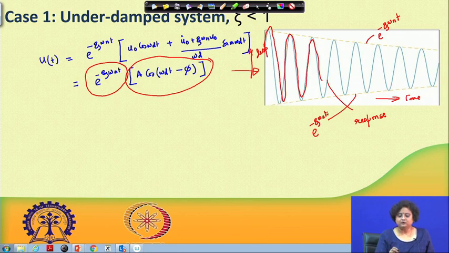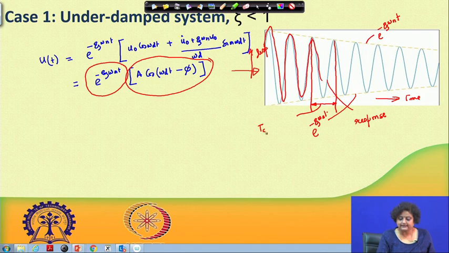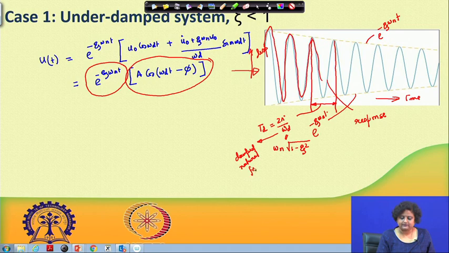And then if you look further into it, the time period of the response is no longer going to be T n, that is 2 pi by omega n, but rather T d, which is 2 pi by omega d, where omega d is nothing but omega n into square root of 1 minus zeta square, and this omega d is called the damped natural frequency. Let me just summarize once more.